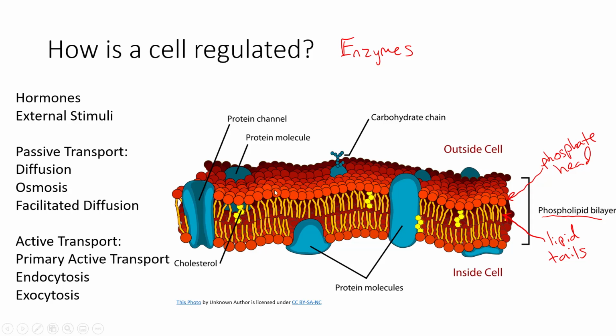So picture this like a wall. If you were a person trying to get from this side of the wall to this side of the wall, you couldn't just walk through the wall. You'd have to find a doorway to go through. And that's where these protein channels come into play. These protein channels are like doorways, and the doorways are all specific to certain types of molecules.